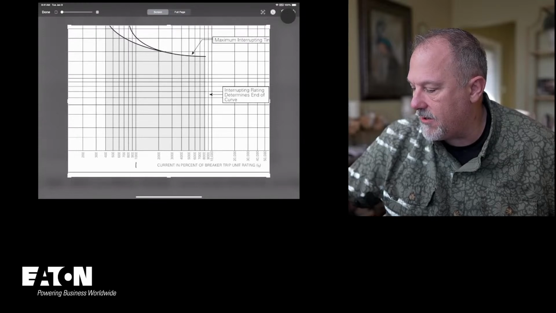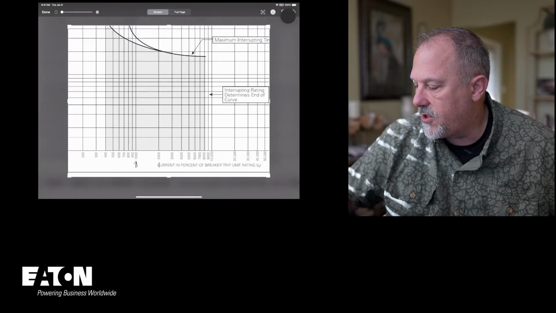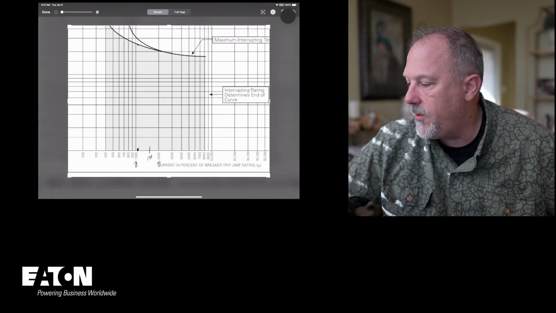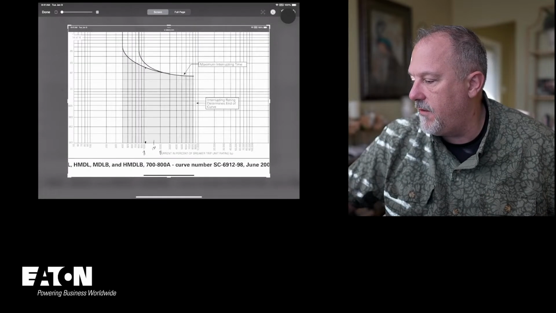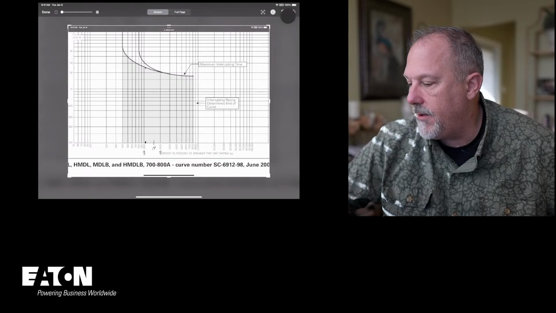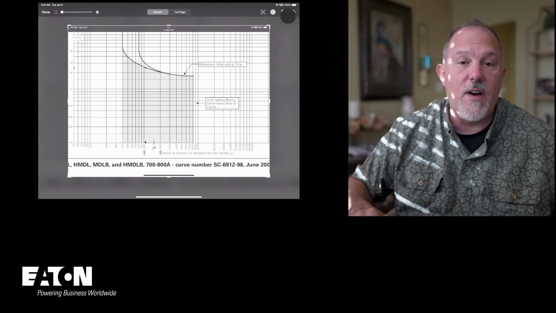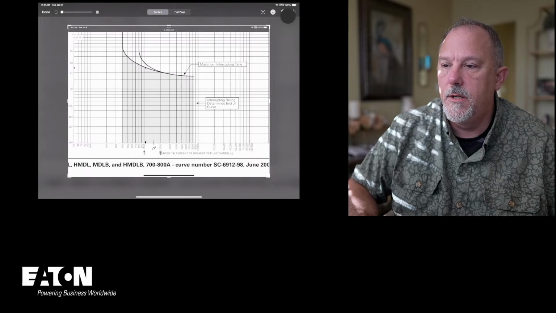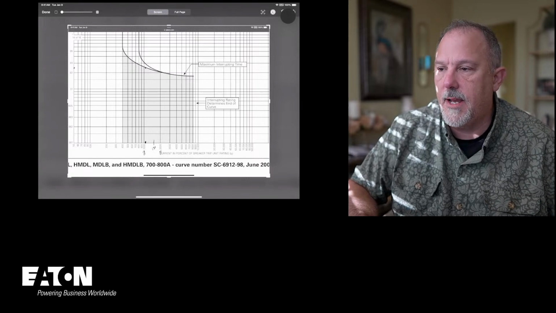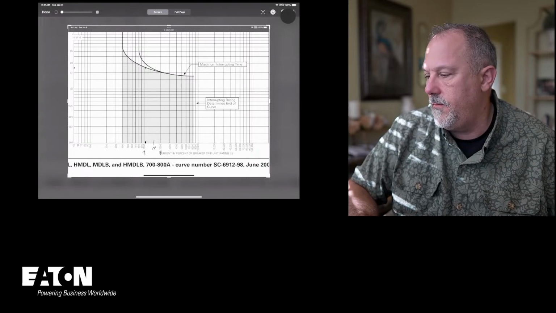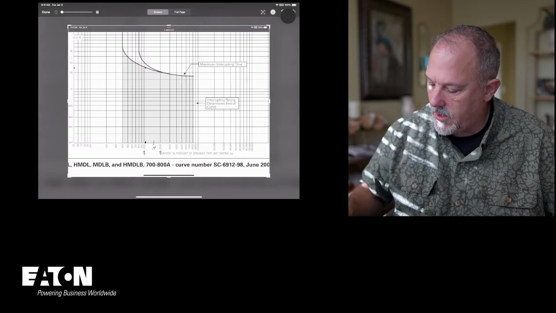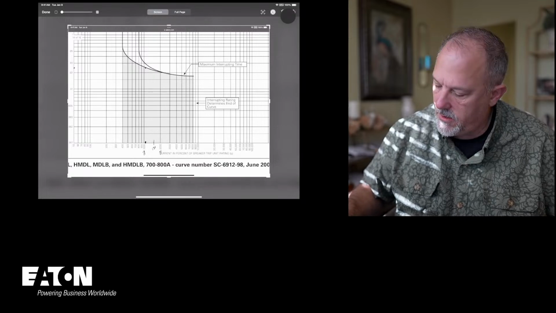There's my 1,000%. There's 2,000. That's probably around 1,500. 1,100 is probably somewhere in that region. So we got a clearing time of, I don't know, 0.025, something like that, for 9,000. So I'm going to 1,171. Does that make sense?